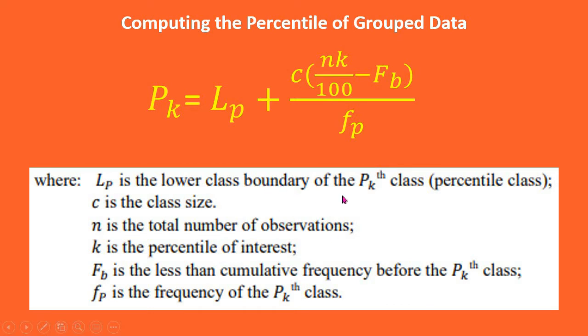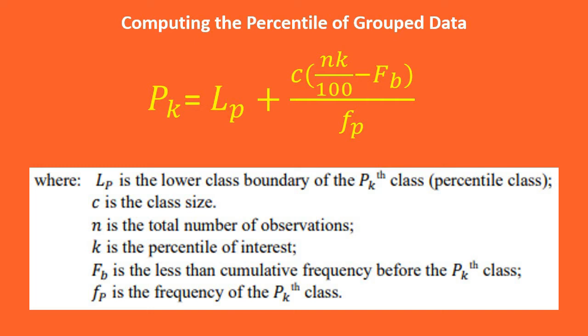L sub p is the lower class boundary of the P sub k class or the percentile class. C is the class size. N is the total number of observations. K is the percentile of interest. F sub b is the less than cumulative frequency before the P sub k class. F sub p is the frequency of the P sub k class.